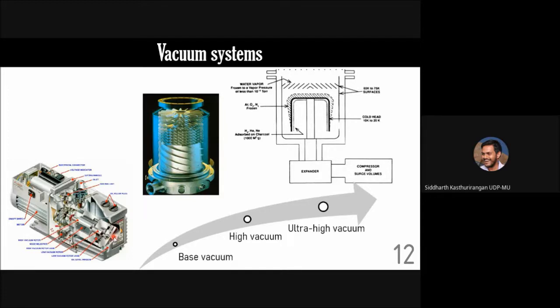Atmosphere is basically 1 bar, or it can also be called 760 millimeters of mercury. The usual units used for measuring vacuum are 1 millibar or 1 millimeter of mercury, which is called 1 torr. So atmospheric pressure is basically 760 torr or 1000 millibar, whichever you prefer.